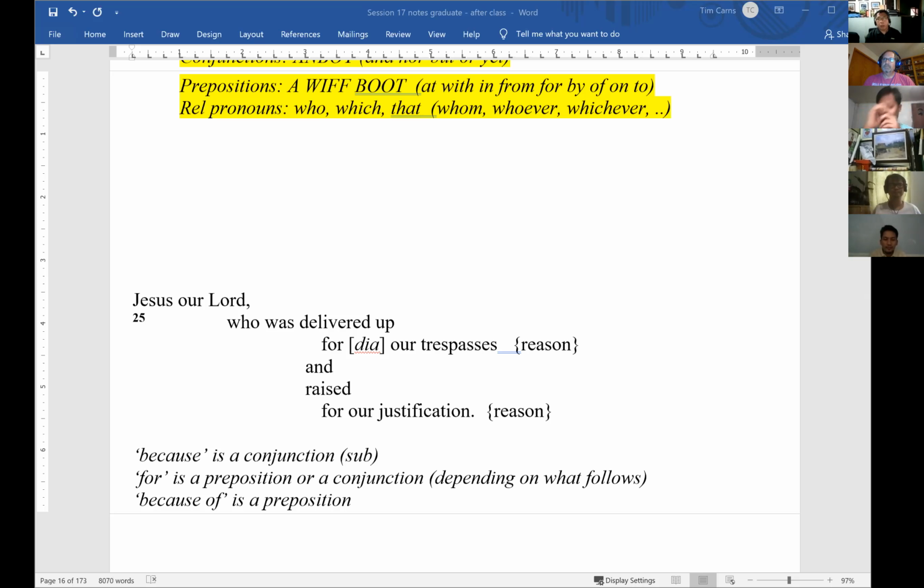Okay. But is there an assurance, Pastor Tim, that English grammar functions as the Greek? For the most part. So we cannot rely entirely on that material. No, I mean, English is a translation, so it has its limits.